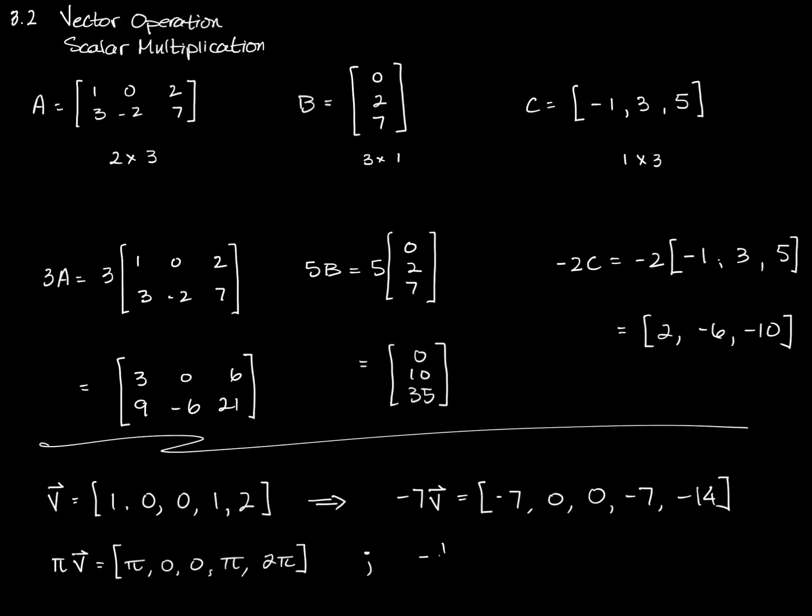And negative 1/3 times the vector v would be negative 1/3, negative 1/3. Oh, no, sorry, I got my ones in the wrong place. Let me back up a little bit. Negative 1/3 times 1, negative 1/3 times 0, negative 1/3 times 0, negative 1/3 times 1, and negative 1/3 times 2. So it's literally a case of multiplying that scalar through the vector.